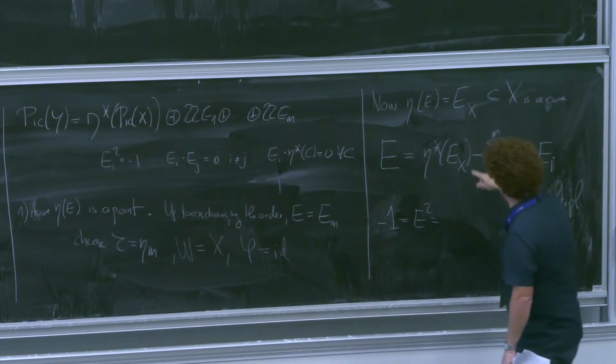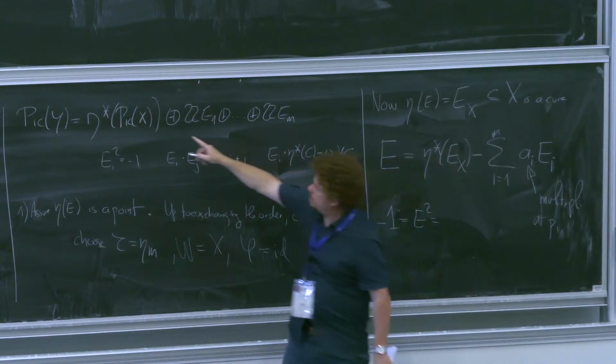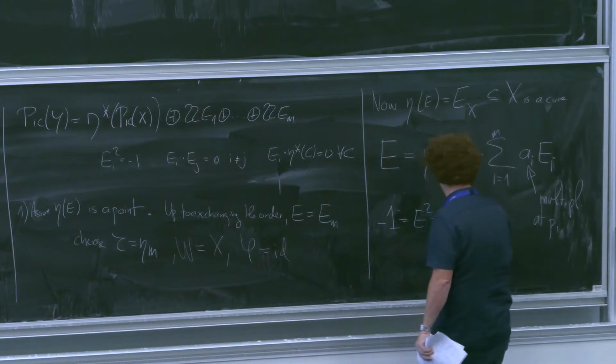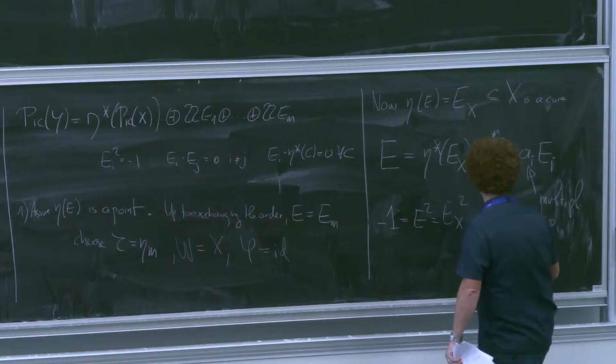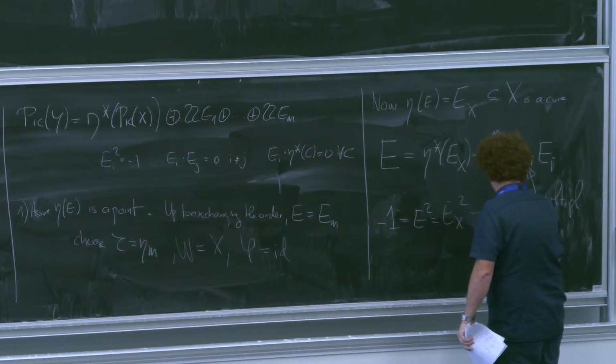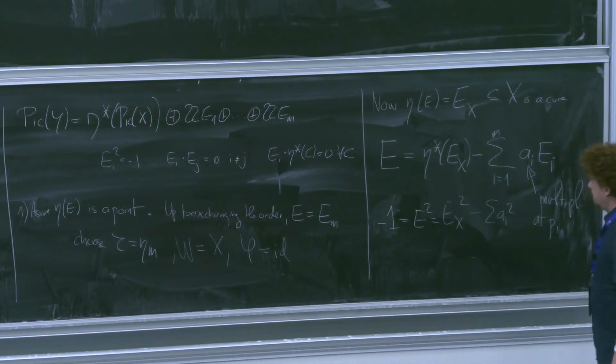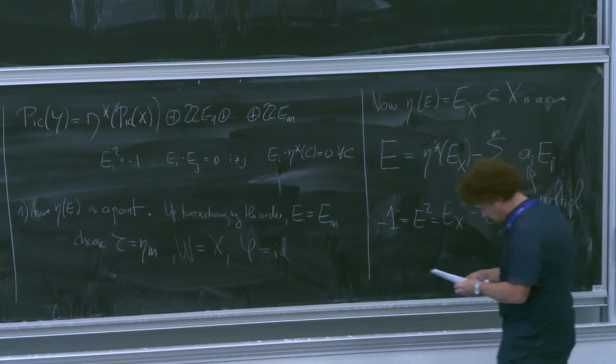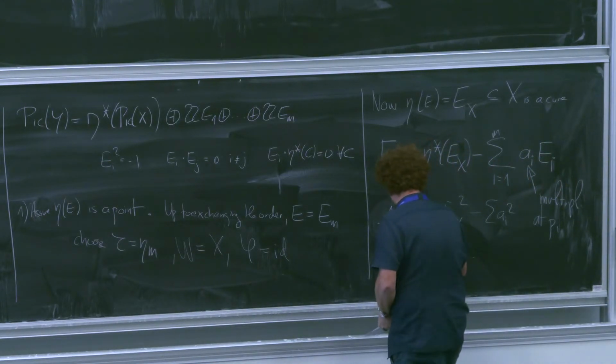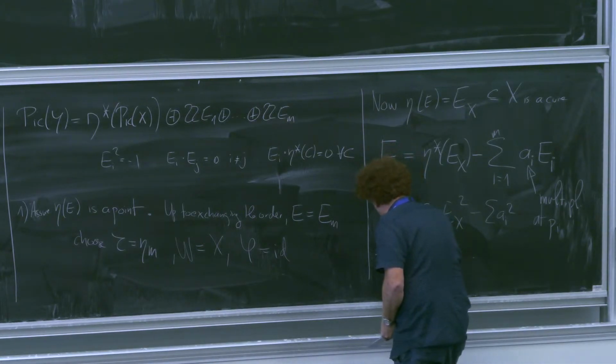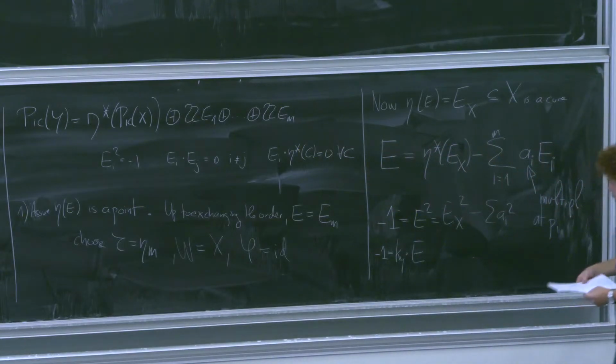And then when you do the square, this is the intersection, just like in Pic of X, so it's e_x square minus the sum of the a_i square. And also, you can check with the adjunction formula that you have e times K_Y, which is -1 because it is isomorphic to P1.